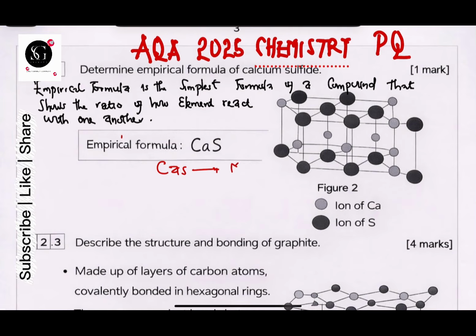So CaS is the molecular formula. Because it cannot be divided further, CaS is also the empirical formula. While the structural formula can just be Ca attached by a bond to S. So structural has to do with their structures. So the empirical formula of calcium sulfide is CaS.